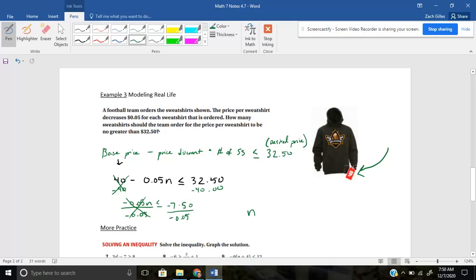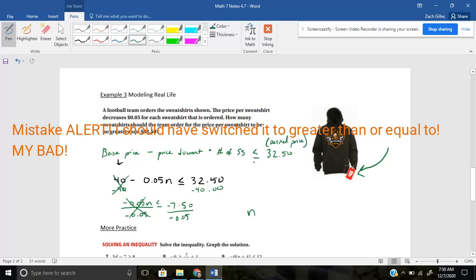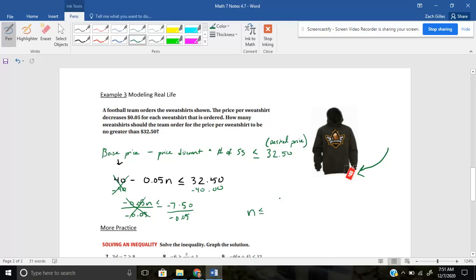It says how many sweatshirts should the team order for the price per sweatshirt to be no greater than, so I'm going to keep that less than or equal to, and then what is 750 divided by 0.05? You can plug that into your calculator. I'm going to do that for you. It would be 150 sweatshirts.